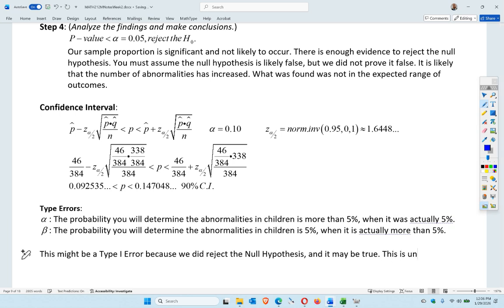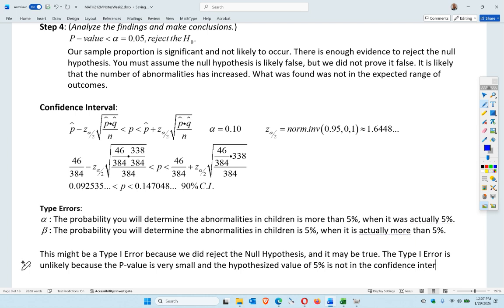This is unlikely. The type 1 error is unlikely. That's what I should say, unlikely, because the p-value is very small and the hypothesized value of 0.05, of 5%, is not in the confidence interval, right?